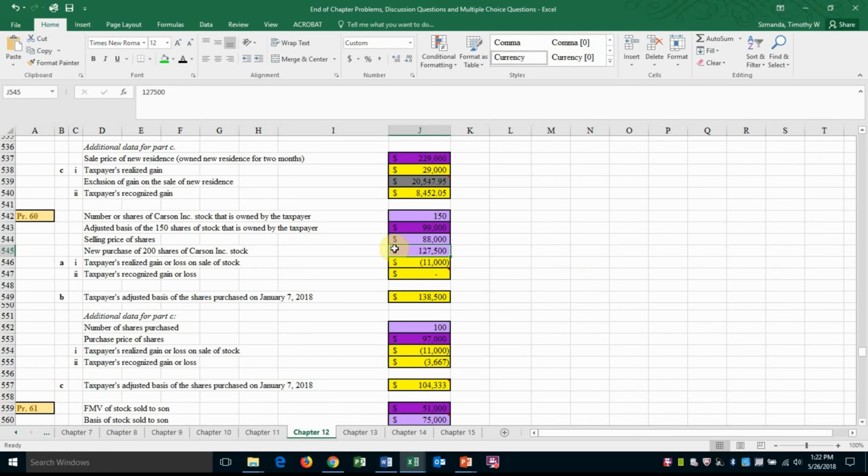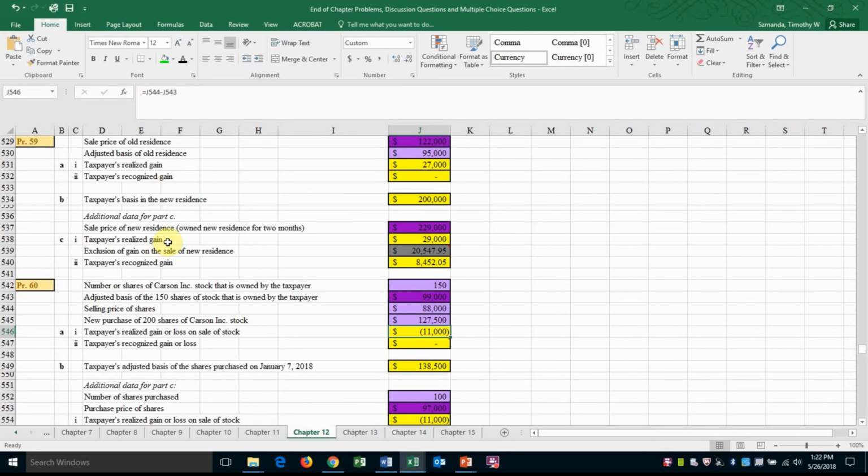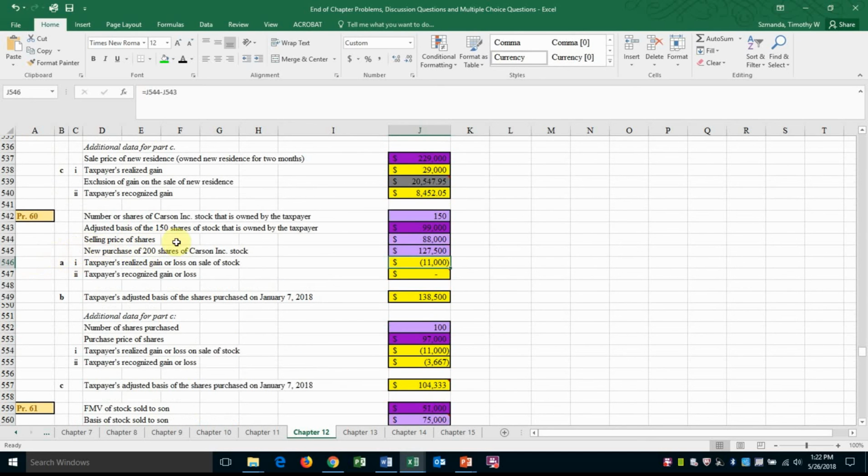Alright, so just to run through some of the calculations, the first calculation is the taxpayer's realized gain or loss on the sale of the stock. If I scroll up a little bit, that's just going to be the selling price of the shares, $88,000, and we'll subtract that from the basis, and we see that the basis is greater than the selling price, and that is a realized, or a mathematical, loss of $11,000.